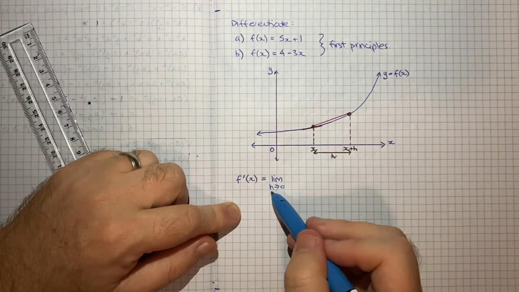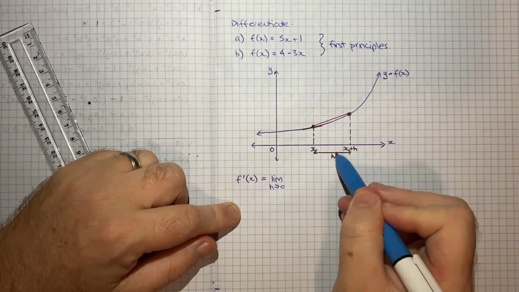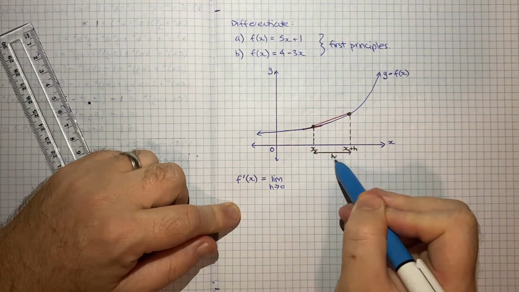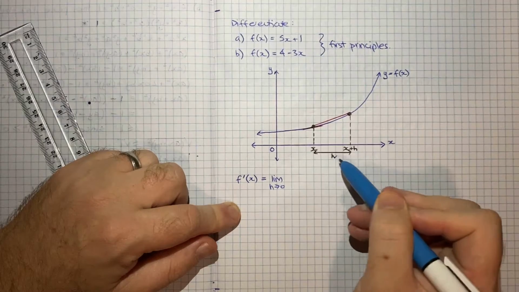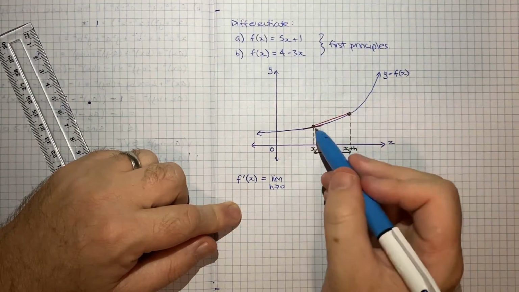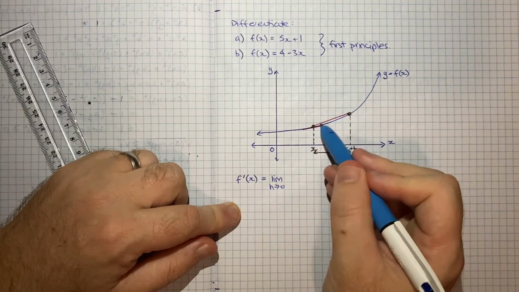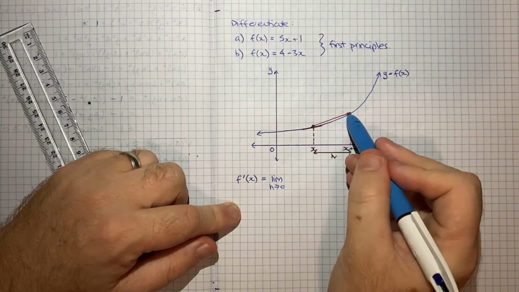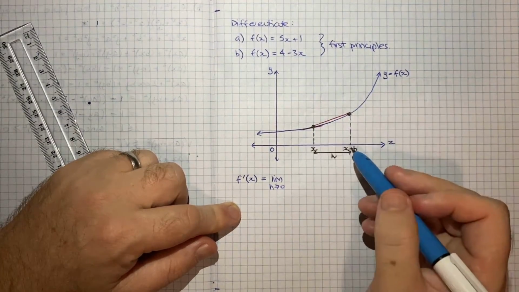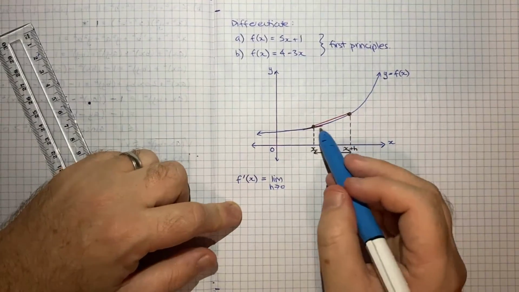And that's just our way of saying mathematically that this gap gets really, really small, so small that it eventually becomes 0, of the gradient of this secant, because as h gets small, the secant and the tangent become the same thing. Now, what is the gradient?